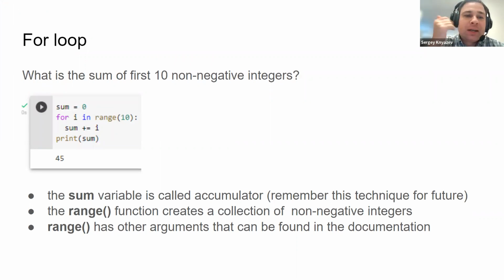A for loop can, for example, be used to implement some math. For example, if we want to get the sum of the first 10 non-negative numbers, we can use for loops.